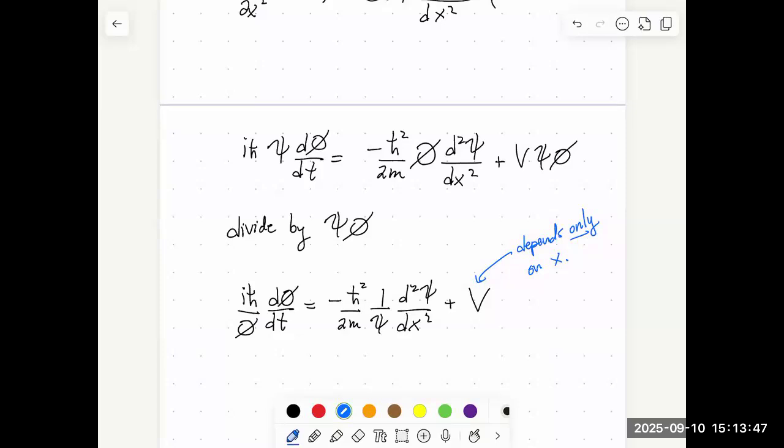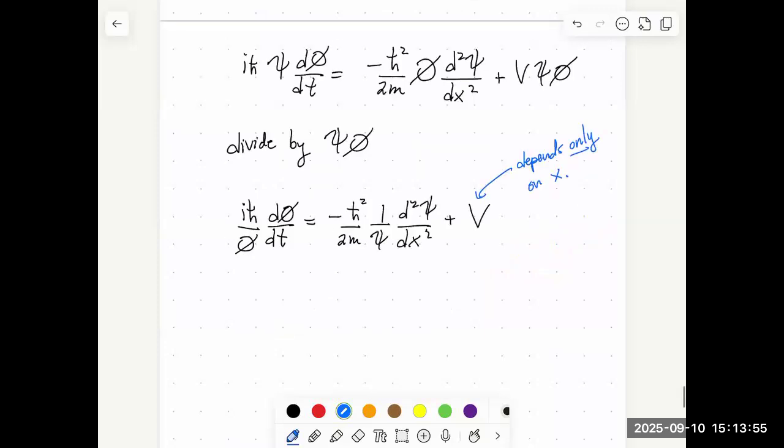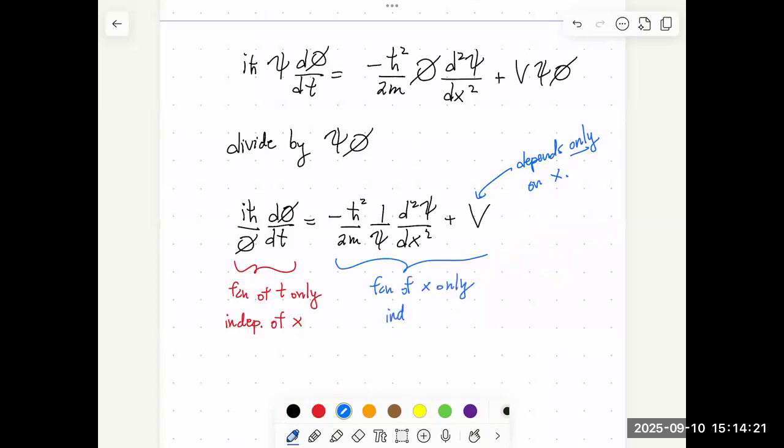On the other side, on the right, we have things that only depend on x and have no time dependence. So maybe I'll emphasize it this way: a function of t only, independent of x, and this is a function of x only, independent of time.